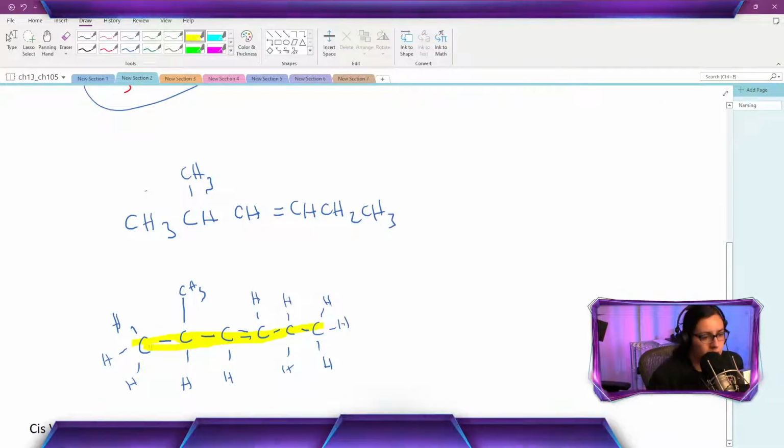And then I probably want to assign it going 1 here since I have this methyl group that I'm looking at. And I also want to give the highest priority to my double bond. So this looks like 1, 2, 3. And that gives a higher priority to this methyl group.